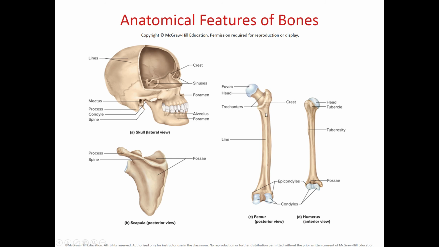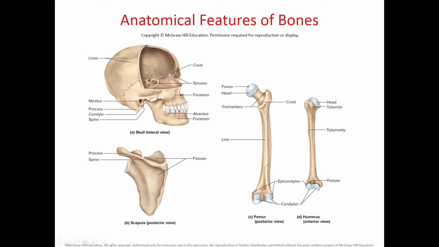And then in here, in the femur, we have a line, we have trochanters, we have a crest, we have a head, and a tiny pit in here that is called the fovea capitis. And then within the arm bone, which is called the humerus, we have a tuberosity that is a little bit bigger than a tubercle.